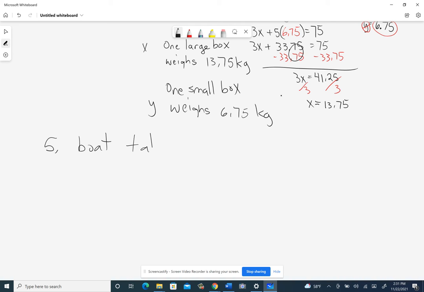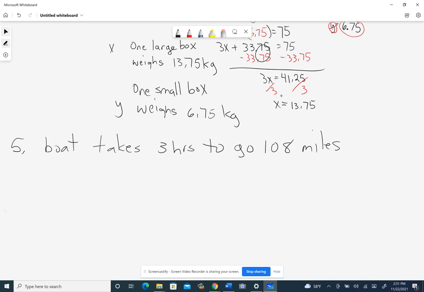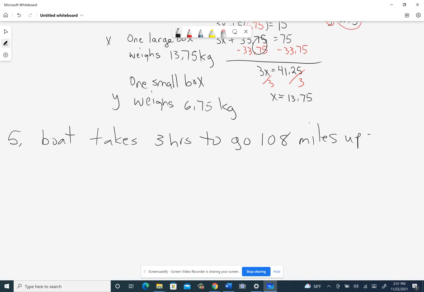Boat takes 3 hours to go 108 miles upstream is the first sentence. I just kind of abbreviated a little bit. It said a motorboat takes that. Okay. The return trip takes 2 hours going downstream.